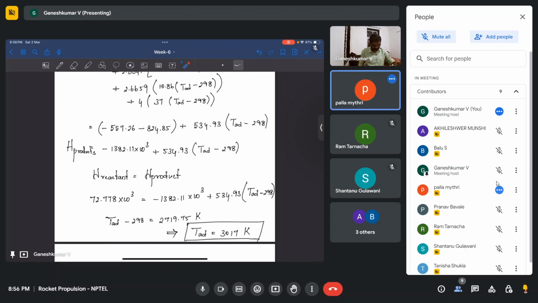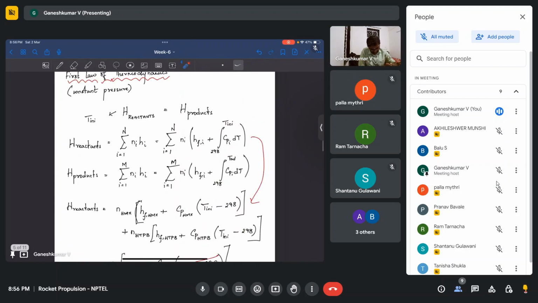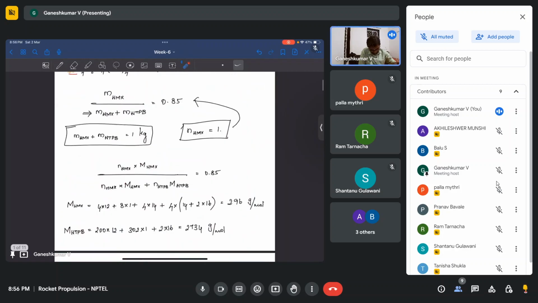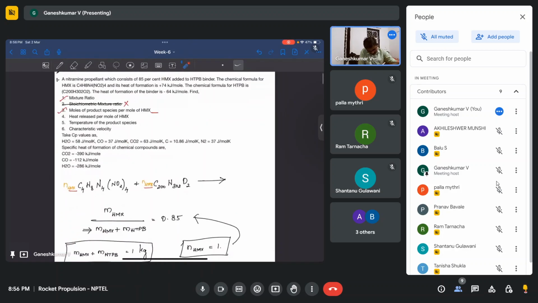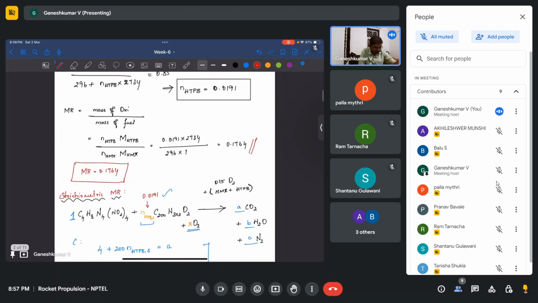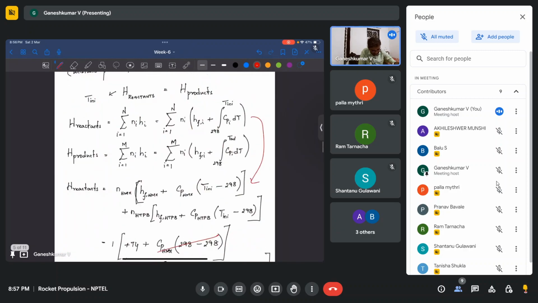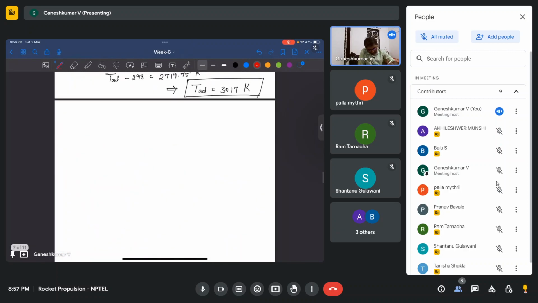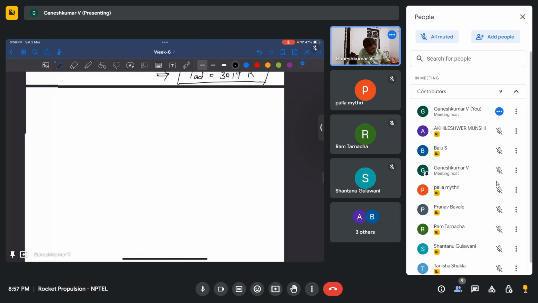Fine. All right. So this is how you find the adiabatic flame temperature. It is nothing but the temperature of the product species. So that we know. Now we can find the characteristic velocity. You guys know what to do with it. We have the C star formula, right?